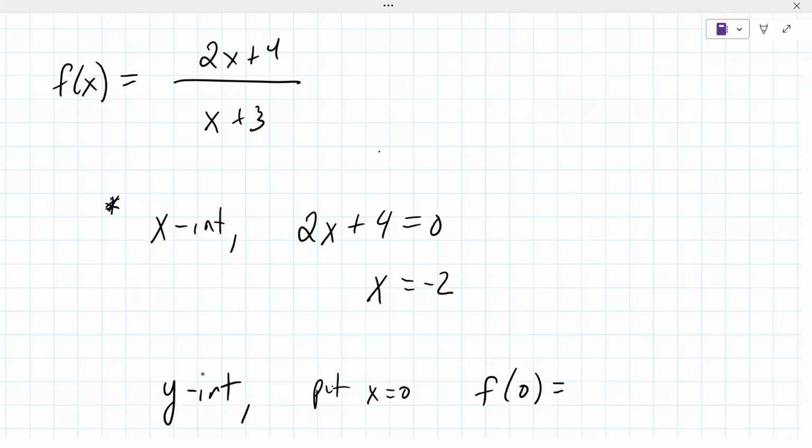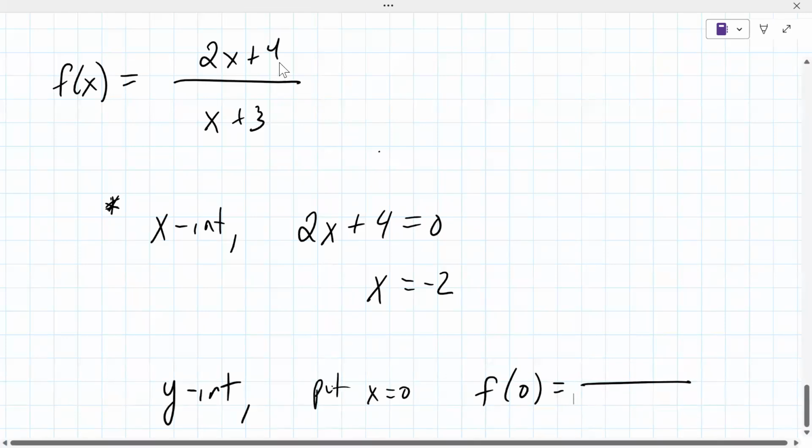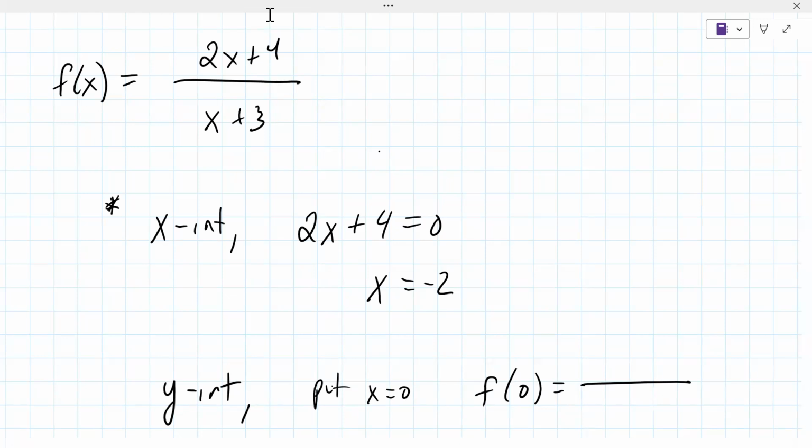Now you have to actually execute on it. You have to put 0 in for X. So you're putting 0 into this function up here. 0 into the function. Okay. So this is going to be 0 minus 0 minus.